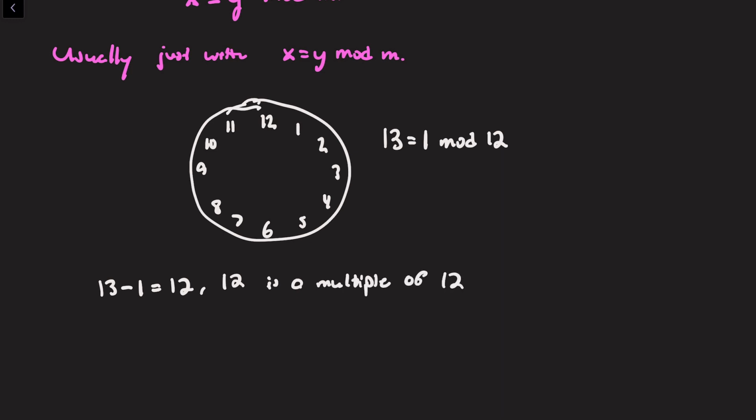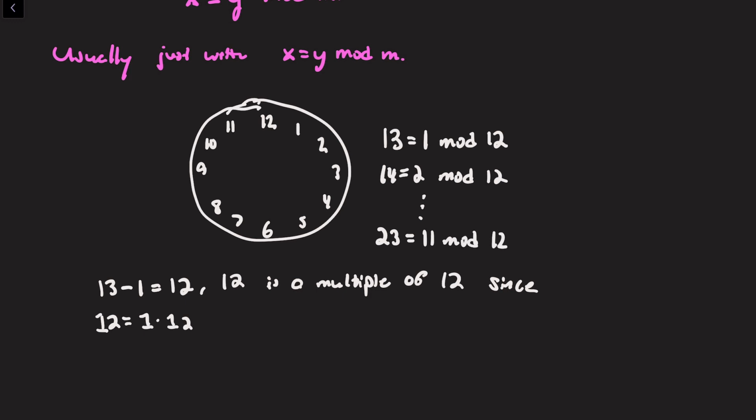Maybe we feel silly writing this, but 12 equals 1 times 12. More generally, we would say 14 equals 2 mod 12, by a similar argument, and 23 equals 11 mod 12.